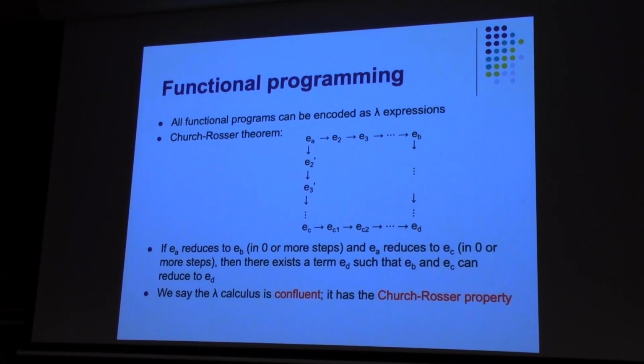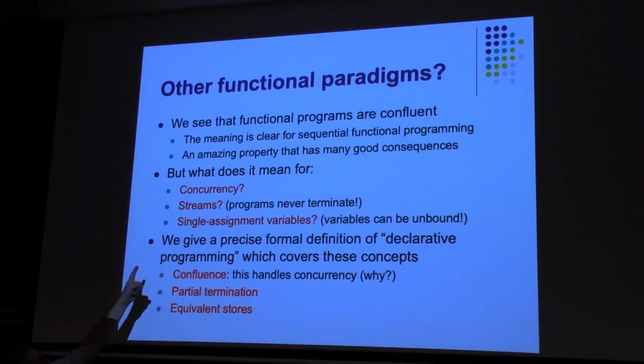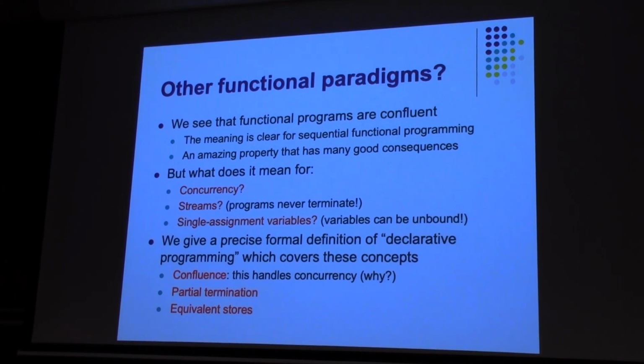It means I'm choosing the reductions according to some scheduler, okay? But Church-Rosser says it doesn't matter. They will all get the same result. So concurrency already doesn't make any problems. The problems are the two other things, the streams and the single assignment variables.